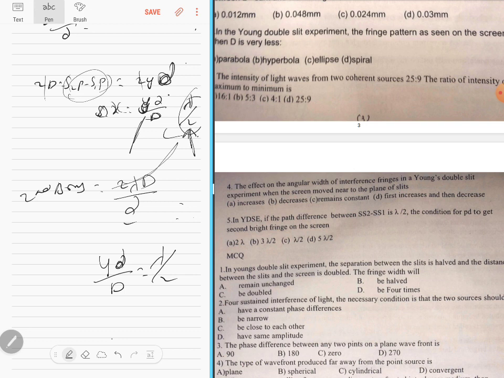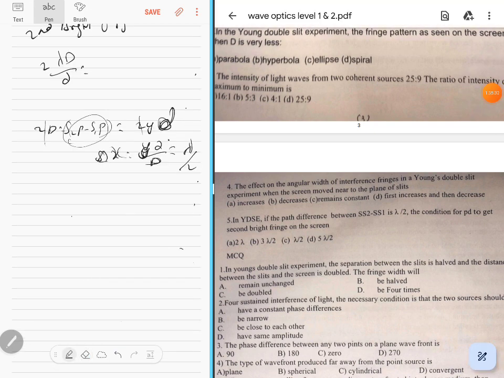Okay, so that's my path difference. So y itself is lambda into capital D. Sorry guys, I'm wasting your time. Once again, let me put it in. Yeah, I think I can recall.